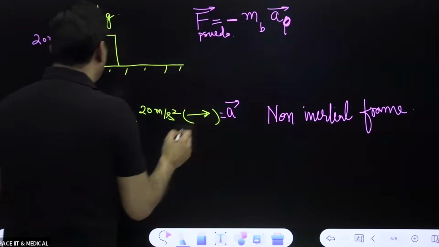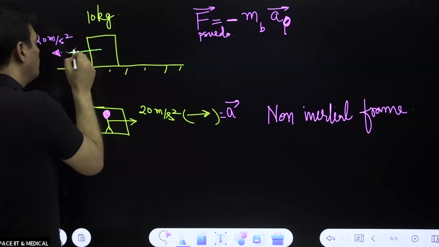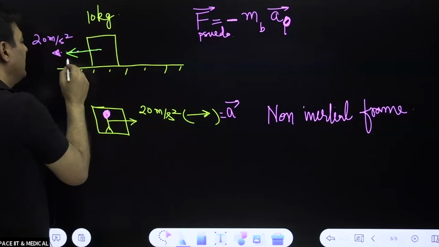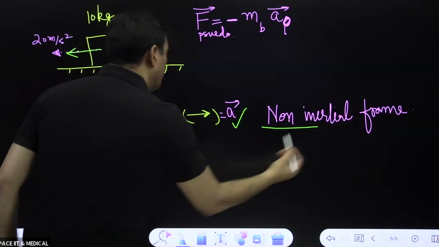So the mass of the body being observed is 10. We will apply a pseudo force in this direction, because we are observing the motion from an accelerated, non-inertial frame.